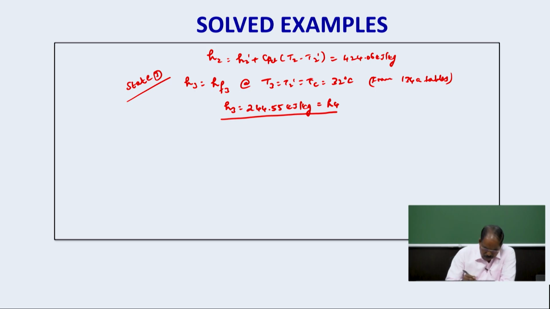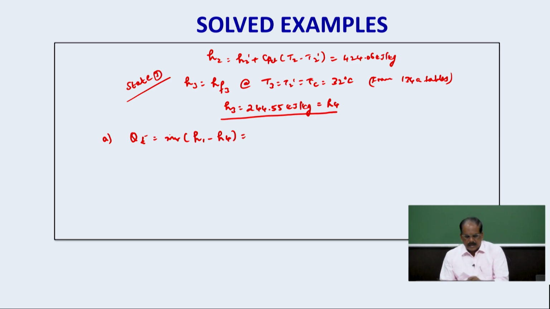Now let us calculate one by one. The first one is the evaporator heat load: m dot R into H1 minus H4. Since there is a change in the enthalpy value H1, though there is no change in the enthalpy value at state point 4, there will be a change in the evaporator heat load.